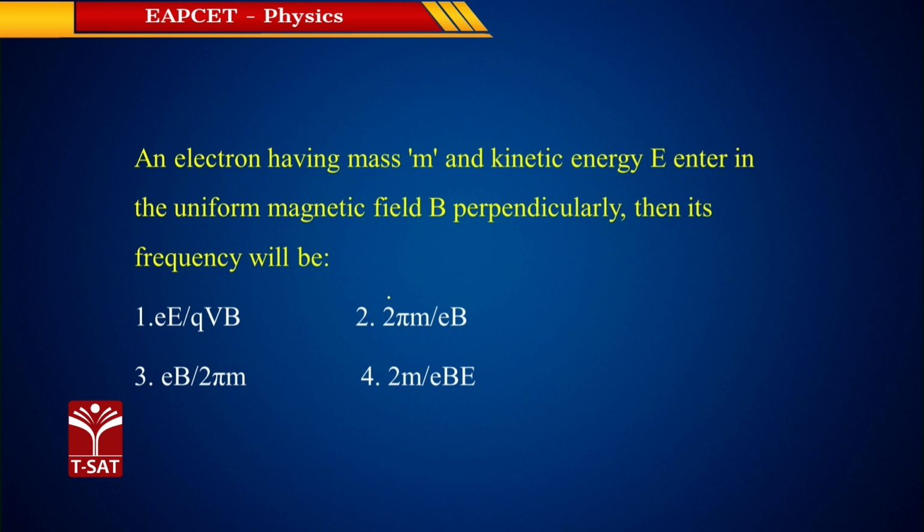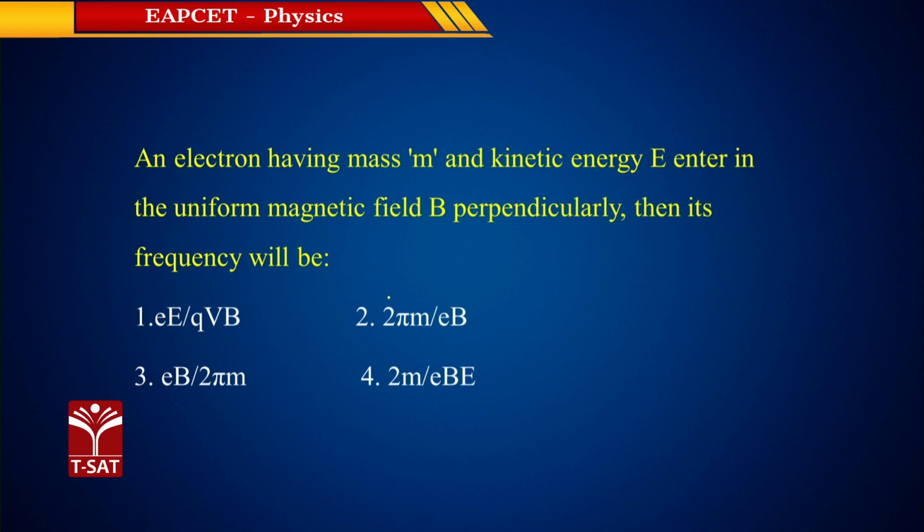Next question. An electron having mass m, and kinetic energy E enter in the uniform magnetic field B perpendicularly, then its frequency will be. Here the frequency is, what is that?